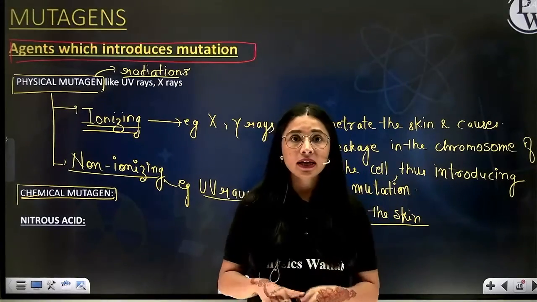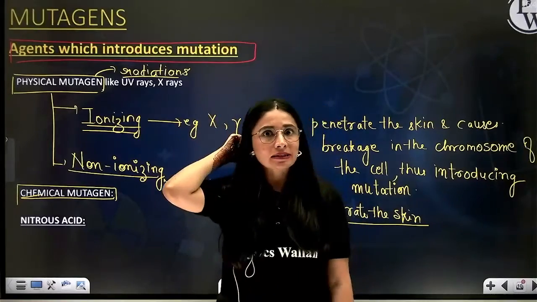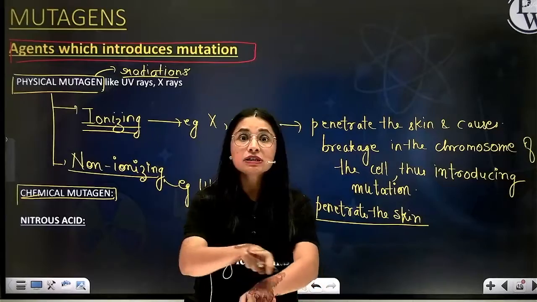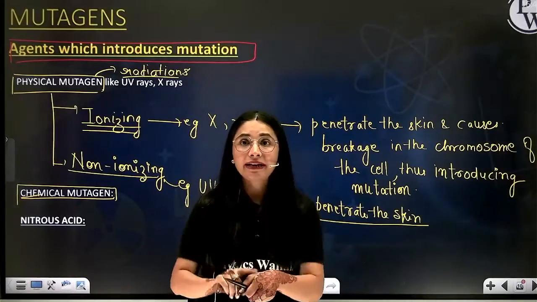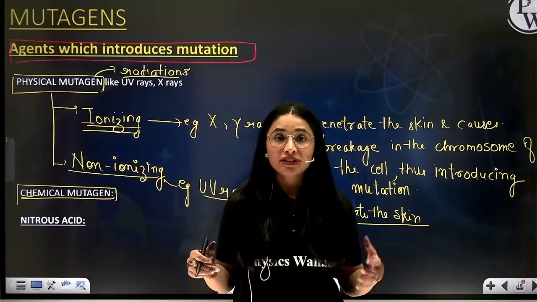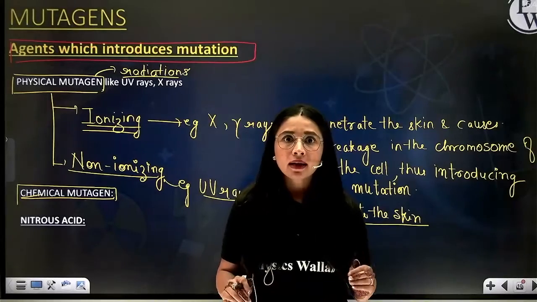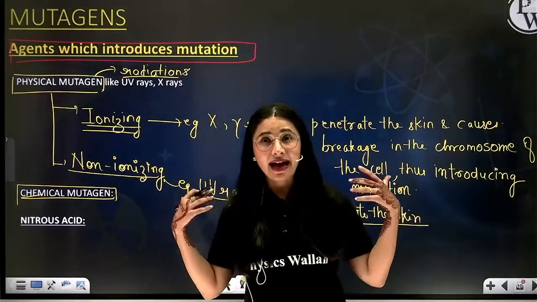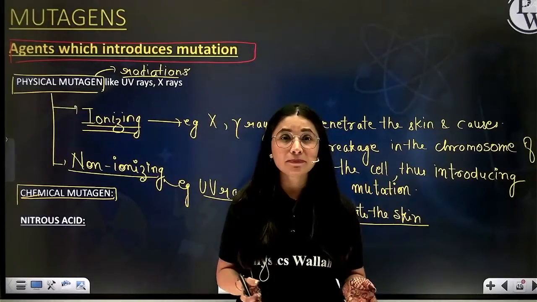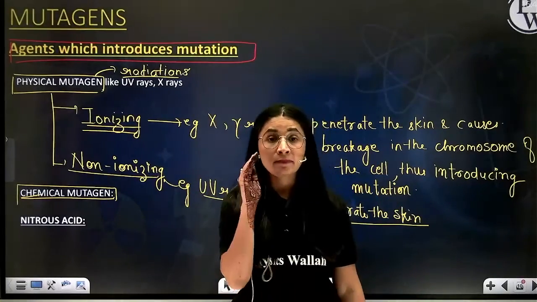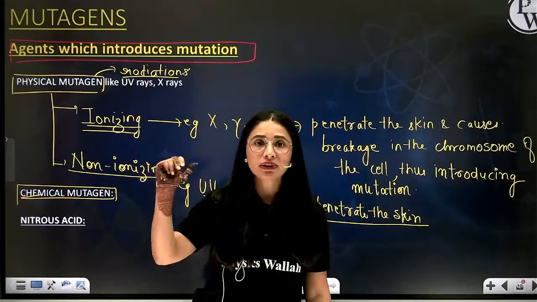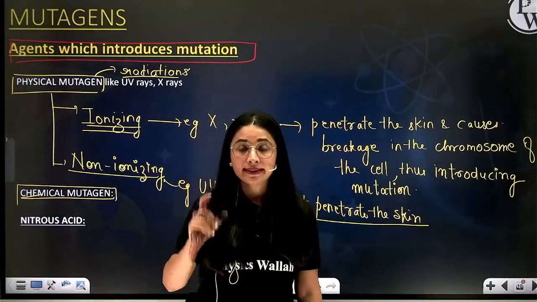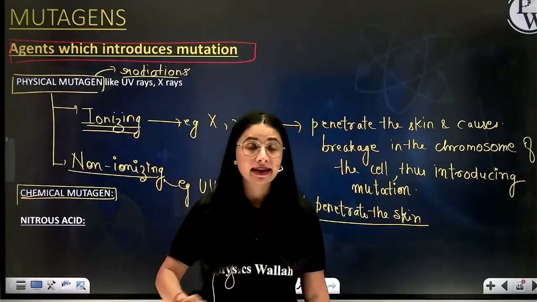That's why we say, whenever you go under sun during summers, always cover your skin or apply all those lotions which are UV protected. Why? Because during summers when sun is at its maximum peak, it is usually giving UV rays along with the other rays, and UV rays, when they come in contact with your skin, can also cause skin cancer.